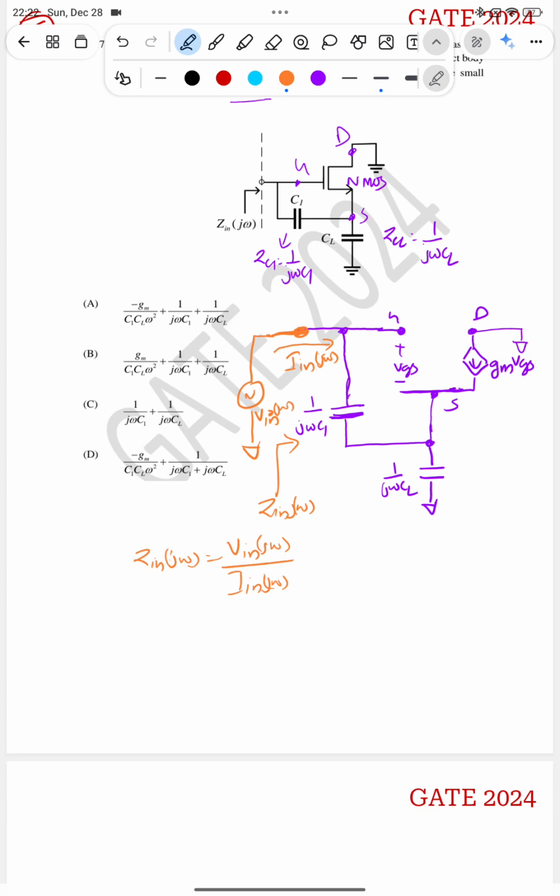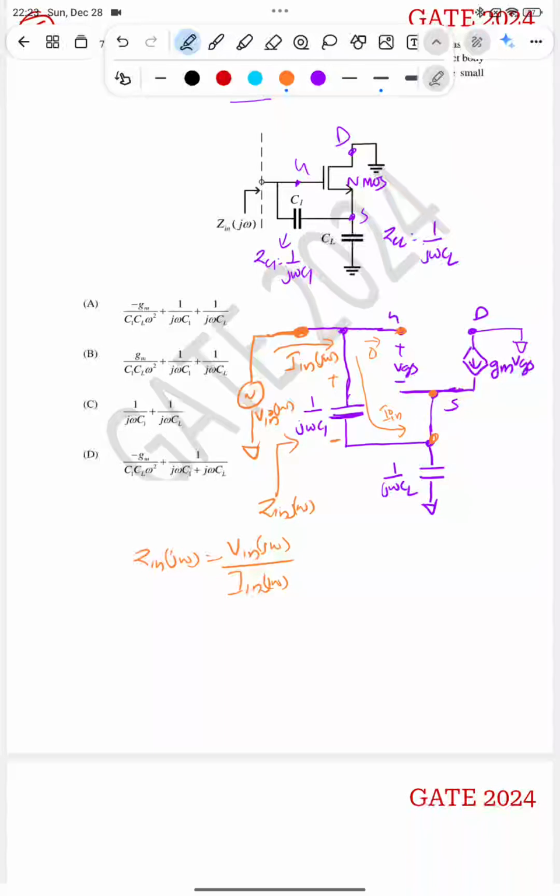So from the circuit, first we will see what is VGS. VGS is the voltage across the gate and source, or gate and this node. Here I in is the current flowing inside, and the gate current will be 0, right? So the current here will be equal to I in itself. Due to this current there will be a voltage drop across this capacitance, and this voltage will be the same as VGS, right?